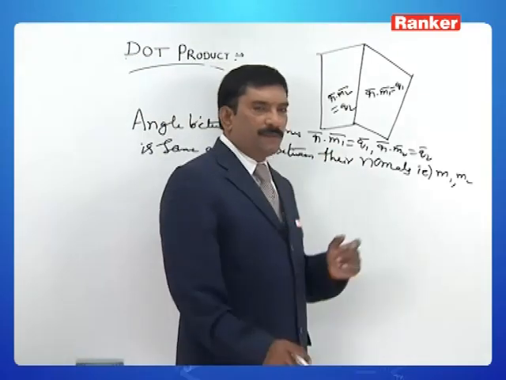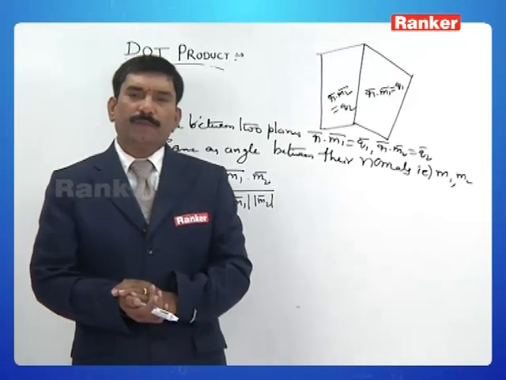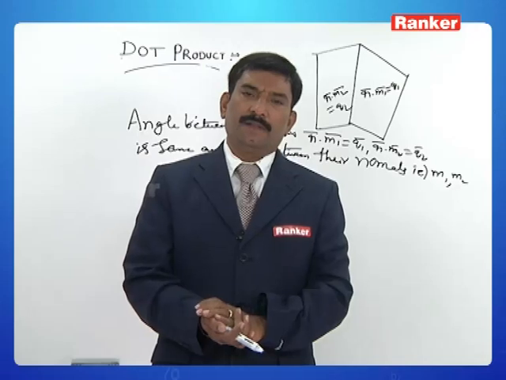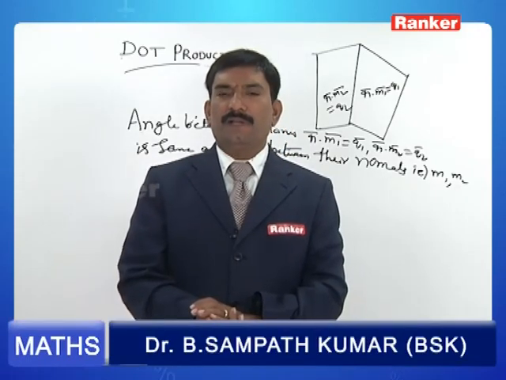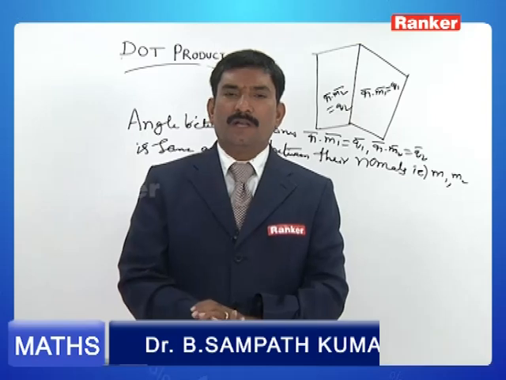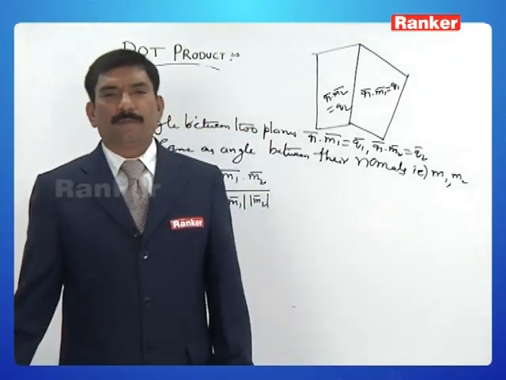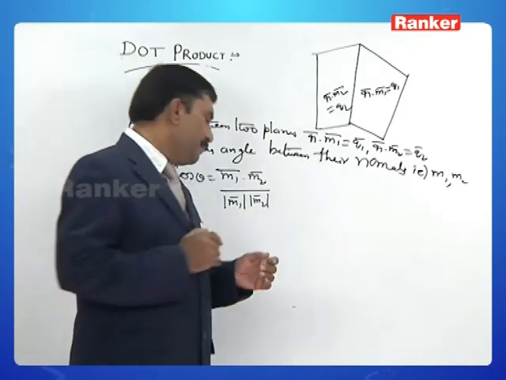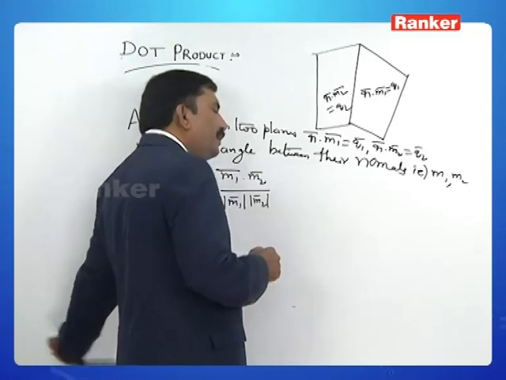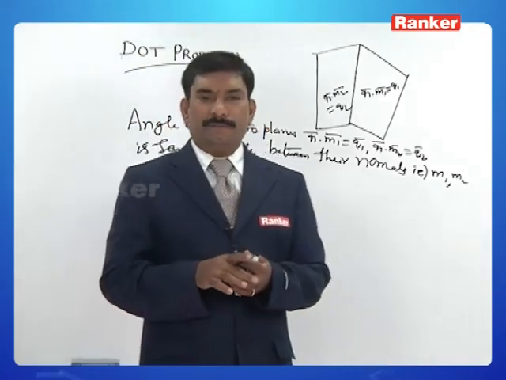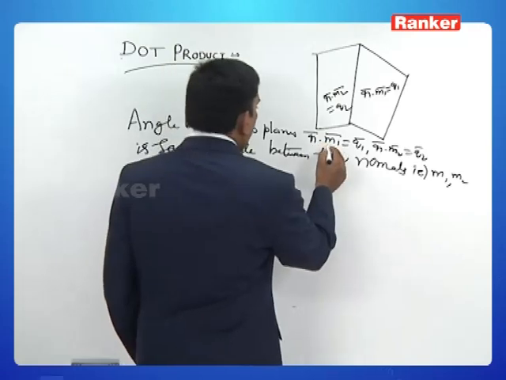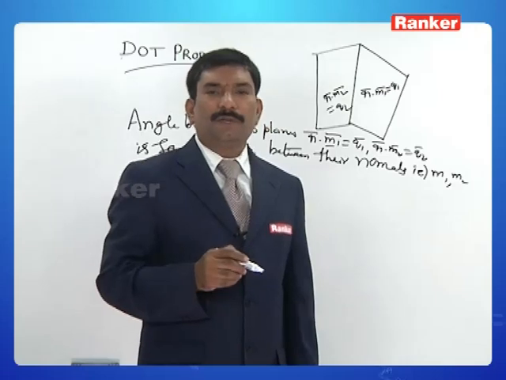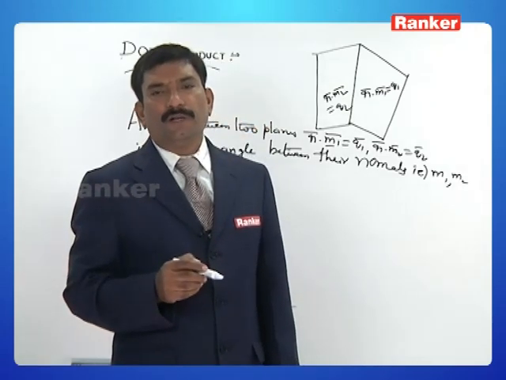You can very well observe, as we have proved, the vector equation of a plane in which p is the perpendicular distance from the origin and n cap is the unit vector perpendicular to it, is given by r bar dot n cap is equal to p. Here n cap is nothing but a normal. So therefore, in place of n cap we have m1 bar, and in place of n cap we have m2 bar.